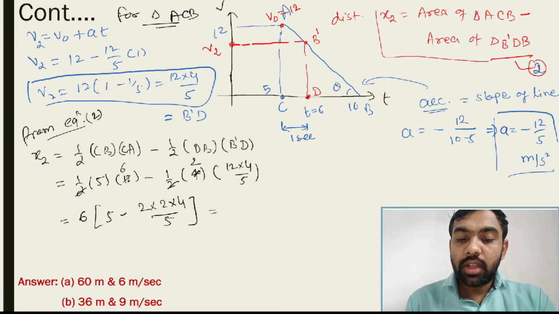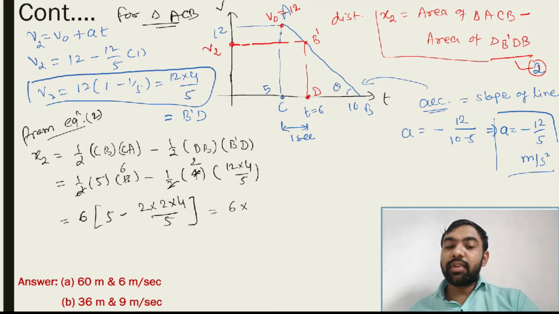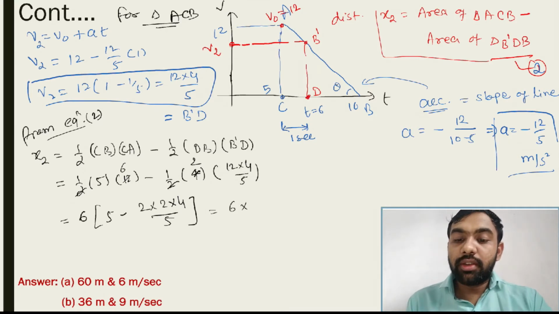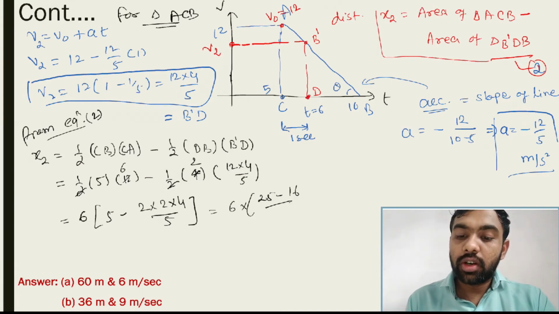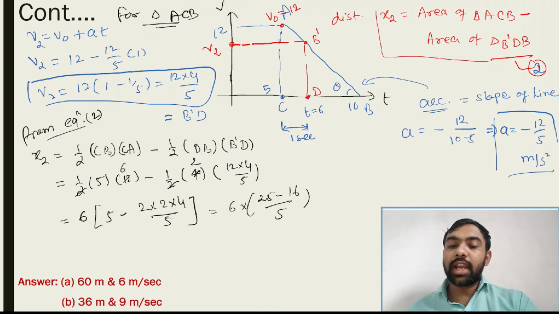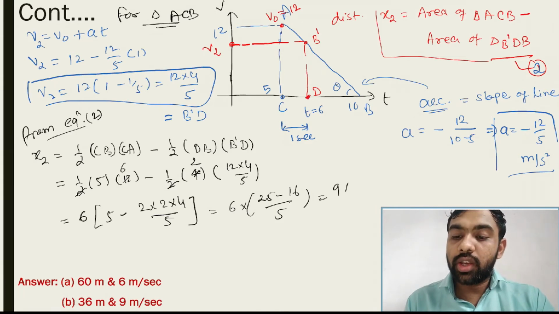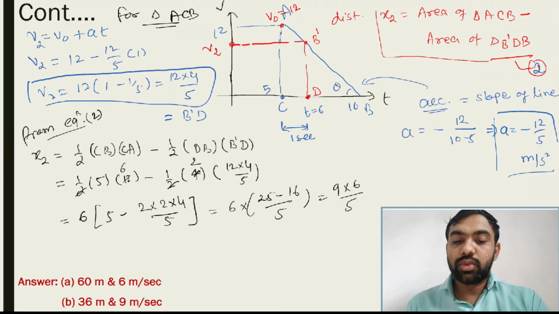So what is the answer? 6 into 5 5 is 25, 25 minus 2 into 2, 4 4 is 16 upon 5. So 25 minus 16 is 9. The answer is 9 into 6 upon 5, that is x2.